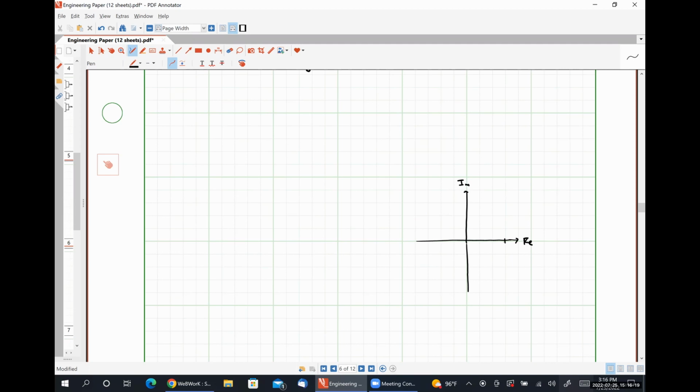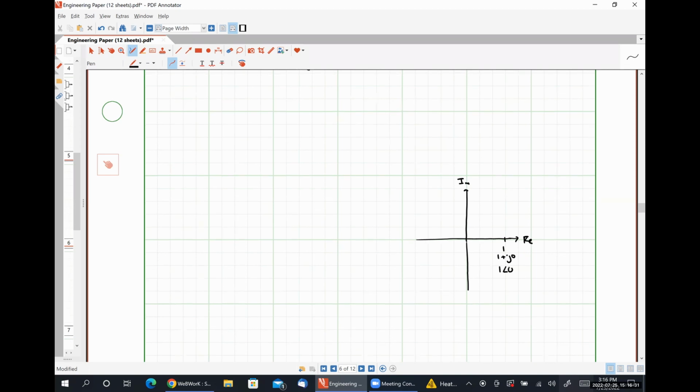If I go out 1 unit in the real direction, this is the same as 1 plus j0, sorry, there shouldn't be a degree sign there, or 1 angle 0 degrees, or 1 e to the j 0 degrees. Well, if I go out 1 unit in the imaginary direction, this is the same thing as j, or 0 plus j, or 1 angle 90 degrees, or 1 e to the j 90 degrees.